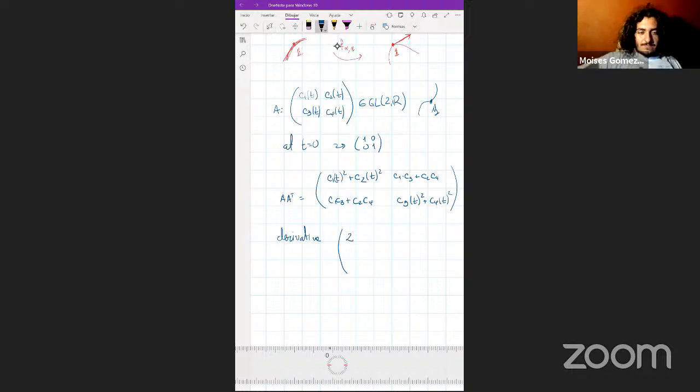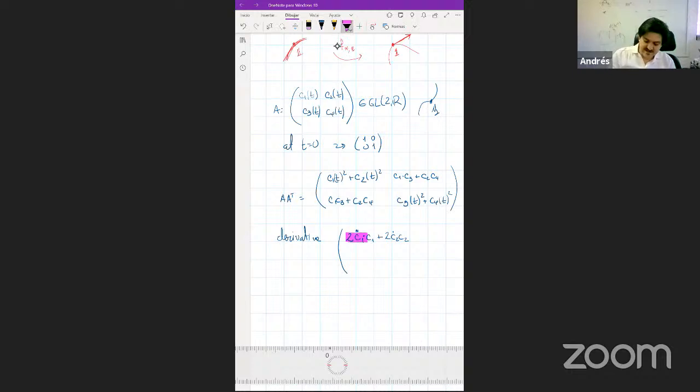So it will give you 2, and so on. I want this to be 1, the rest 0, 0, and 0, when we evaluate at 0.